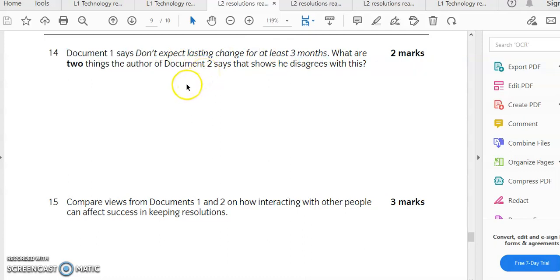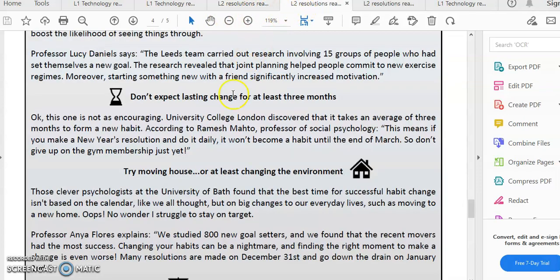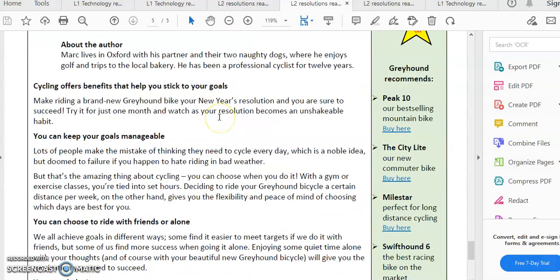We've been given the opinion in document 1 that change might not come about for at least 3 months. So now we are scan reading document 2, and we are looking for references here to time. Okay? So that's what we do. So we were told 3 months there. Well, straight off the bat, I've seen the word month there, and if I read around it, it's saying try it for just 1 month and watch as your resolution becomes an unshakable habit.